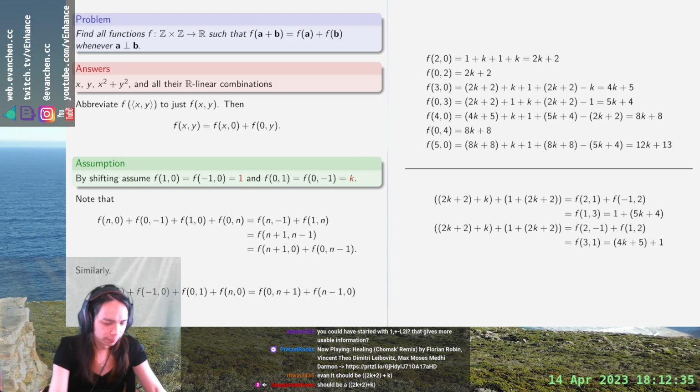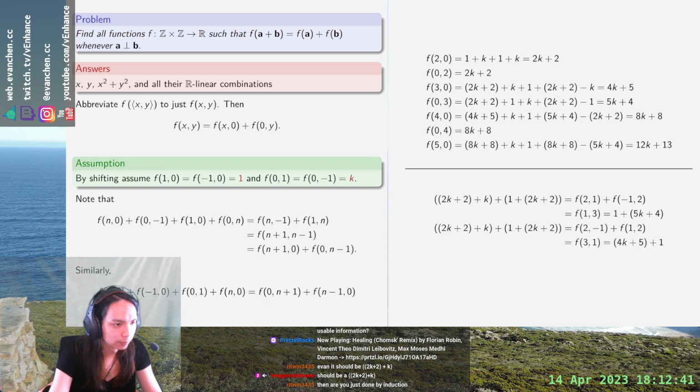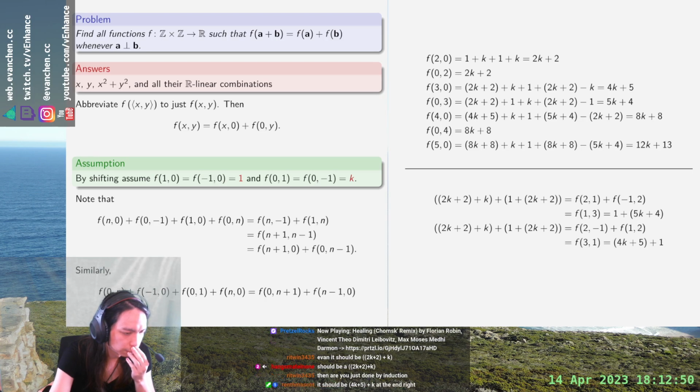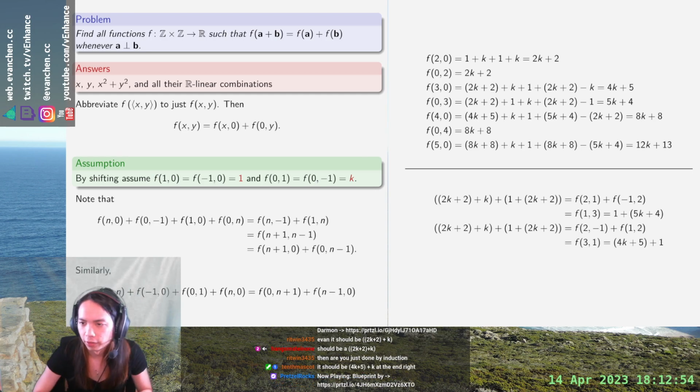Are we good? I hope. Maybe. We'll find out. Yeah. Then induction just carries it through. Should be 4k plus 5 plus k.